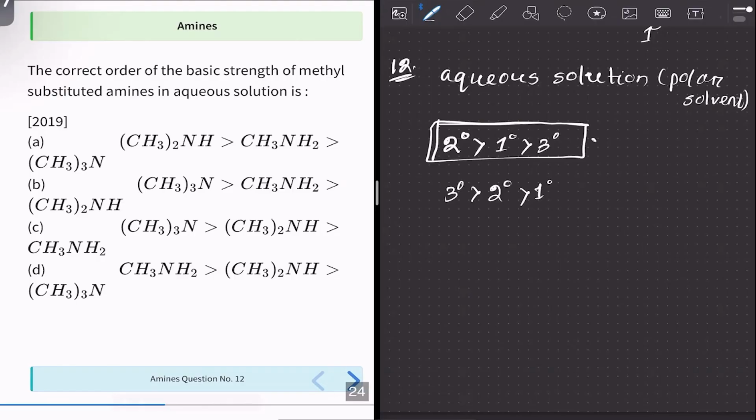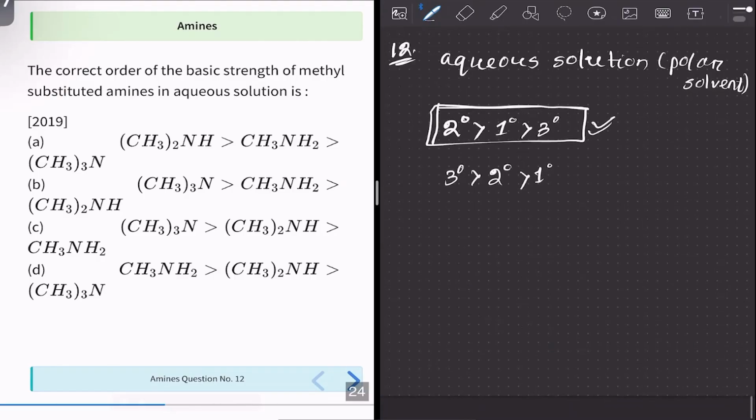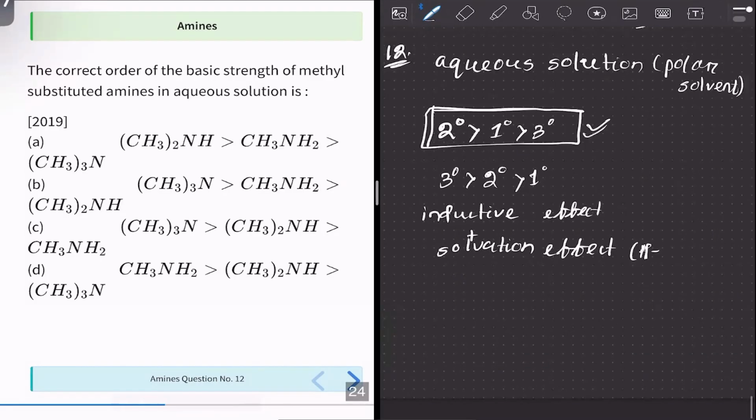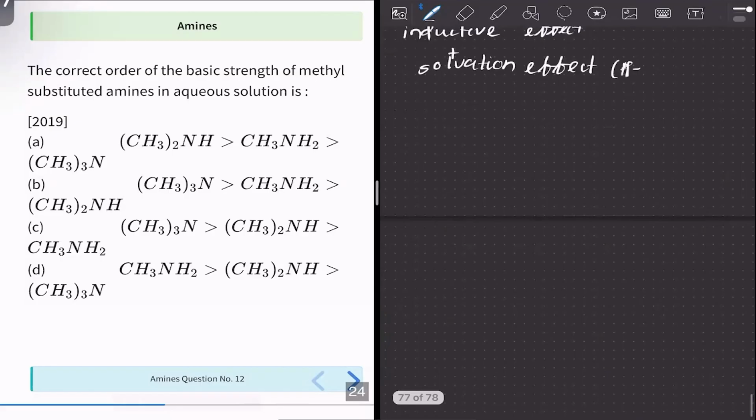What are the reasons for this altered sequence or altered nature of the basic character? This is the cumulative effect of inductive effect and solvation effect, that is because of the hydrogen bond. Solvation effect is due to the H bonding.